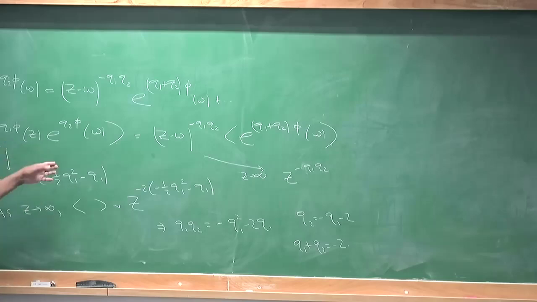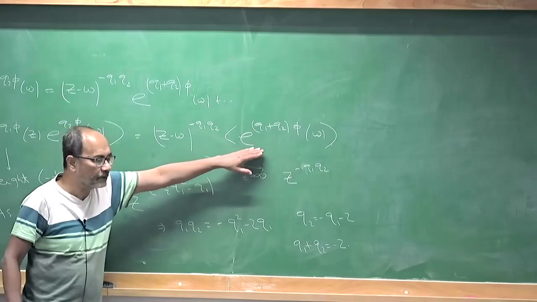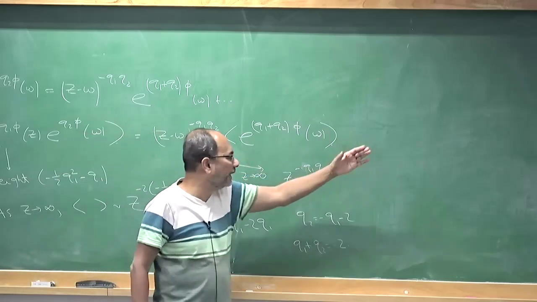In any correlation function, when other points are fixed, if you take z to infinity, it should go as this, right? Now this has no z dependence. Yes, but those other terms will be subleading, right?